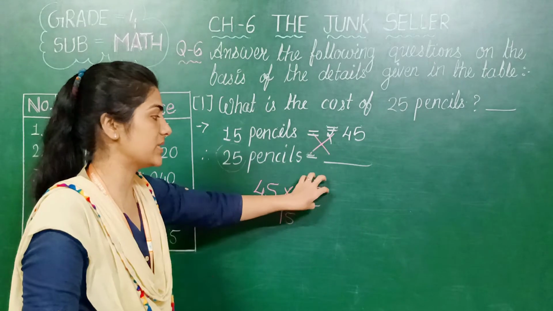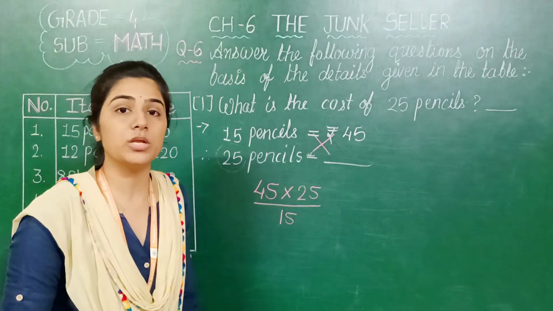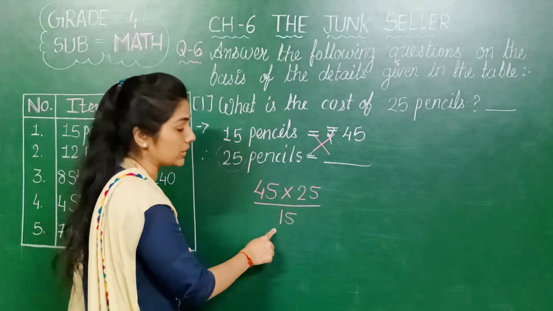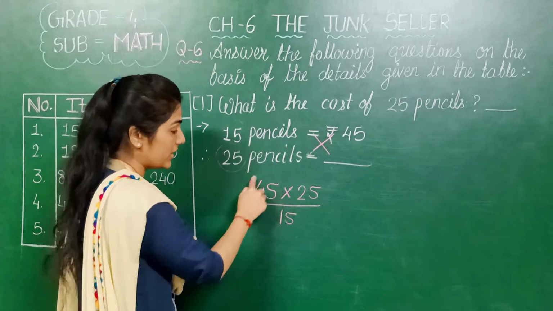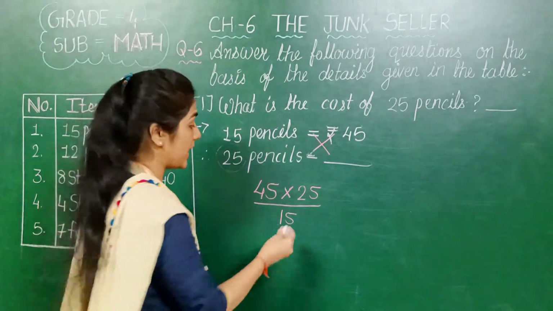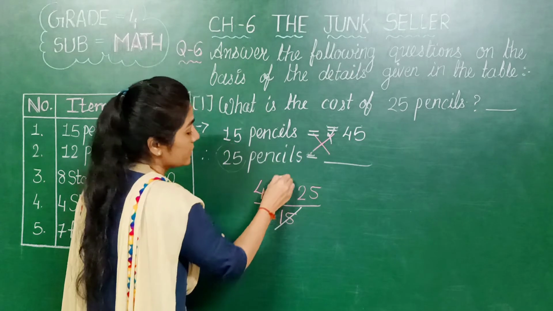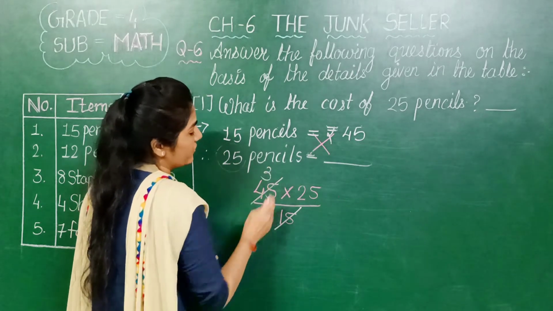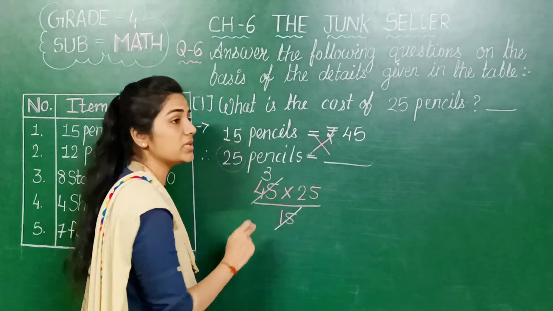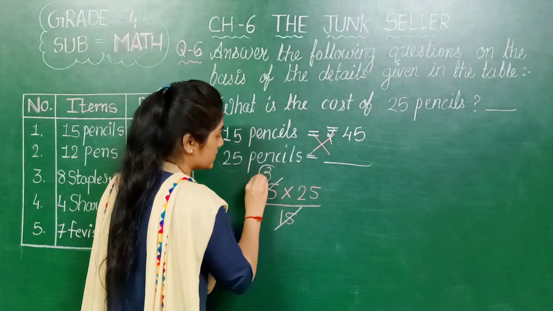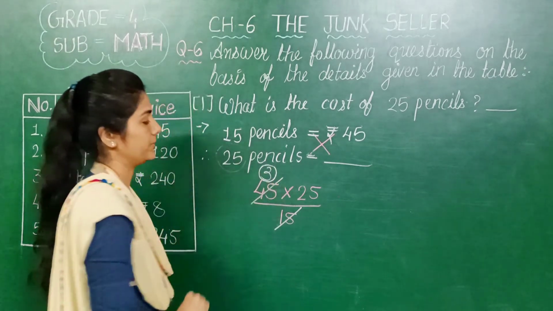Now it's easy to decide which number comes in the table of 15. 45 is in the table of 15, so we can cut: 15 3s are 45. Cut 15, cut this 45, and put the 3 up.